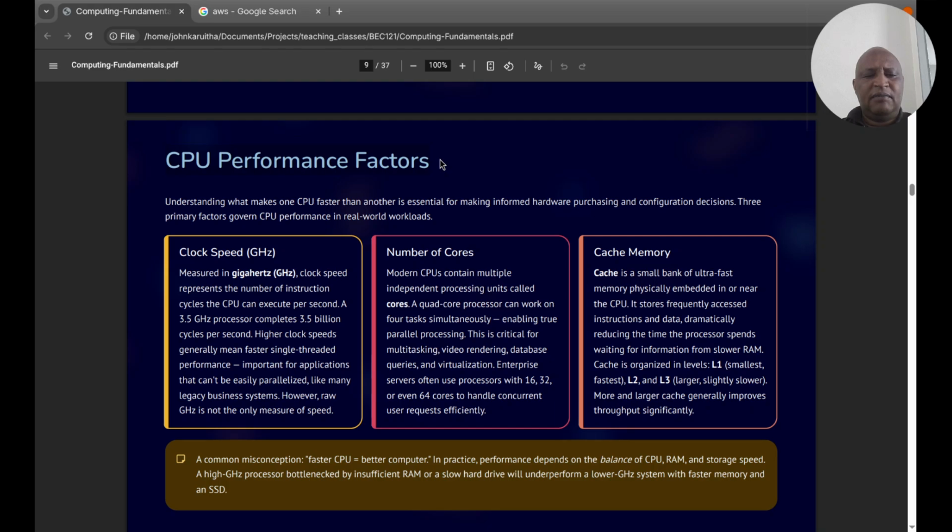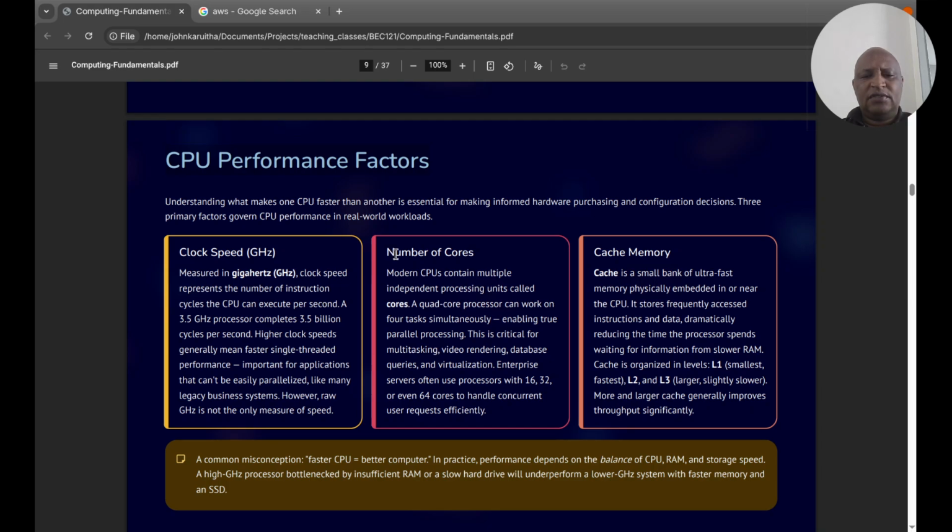You will see 3.5 gigahertz, 1.7 gigahertz, 1.2 gigahertz, and so on. So this is the number of instruction cycles the CPU can execute per second. So how much data can it process per second? What is the speed? How much can it do per second?